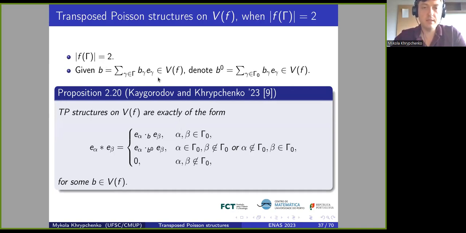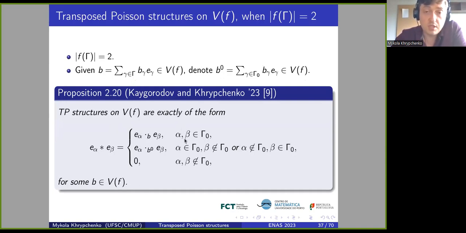Again, in this case you will have mutations, but you can also have some mutations with respect to some truncated elements, let's say. If B is an element of this algebra, then let us denote by B0 the part of this element which corresponds to the indices belonging to gamma 0. And let's define the operation as follows.